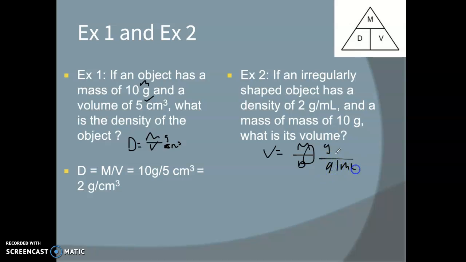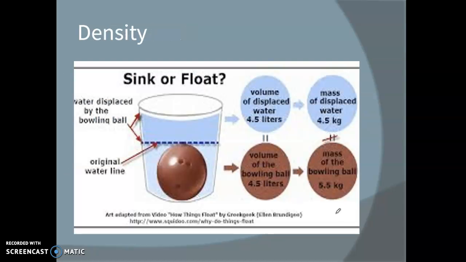So just like we do with our conversions, grams is going to cancel out, so my units for volume will be milliliters. So volume is equal to mass divided by density, 10 divided by 2, which gives me my final answer of 5 milliliters.